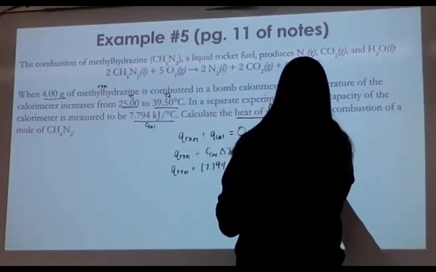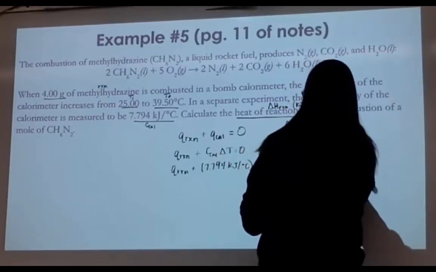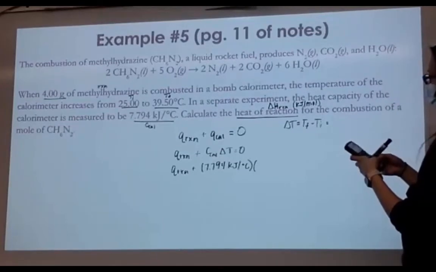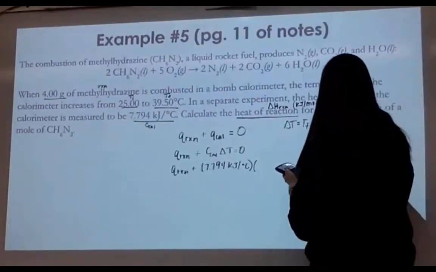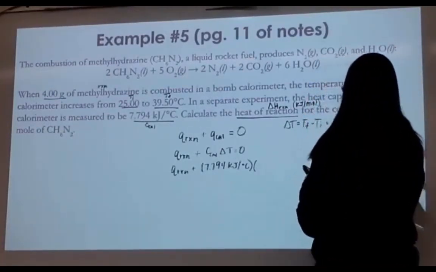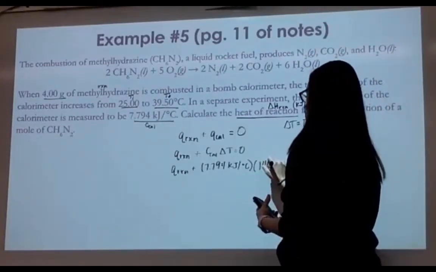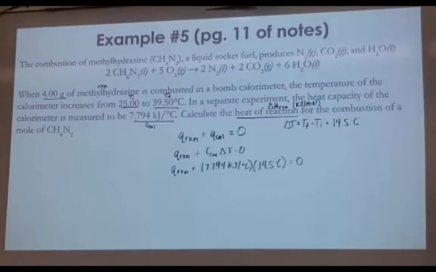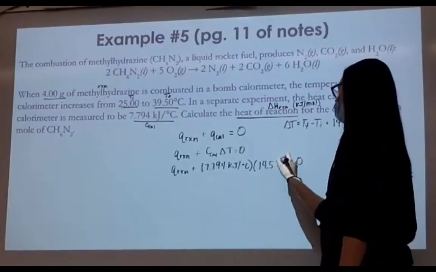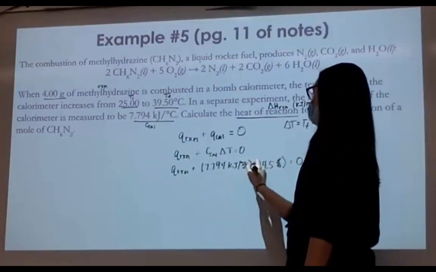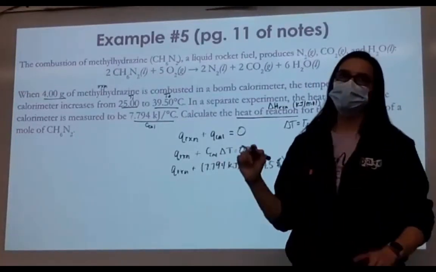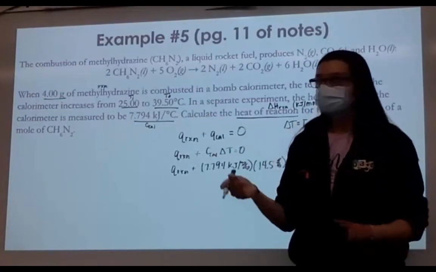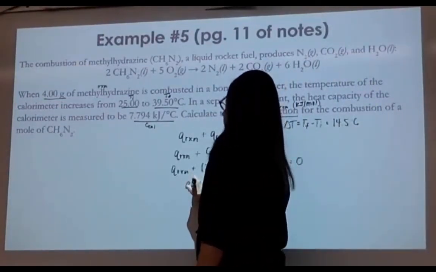So over here to the side, I'll just put final minus initial. 39.5 minus 25. 14.5 degrees Celsius. So if I take a look at this, my degrees Celsius cancels. I'm left with kilojoules. This is why I just said be careful with units. You don't have to convert. Just be careful with the units that you get out of the problem.